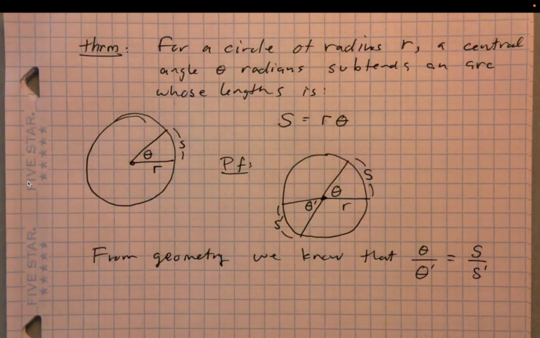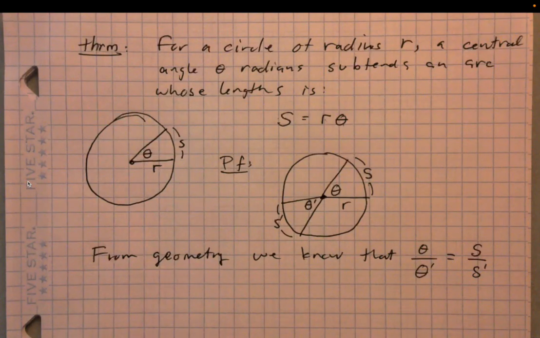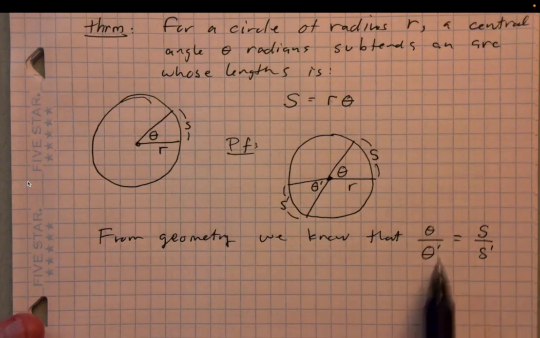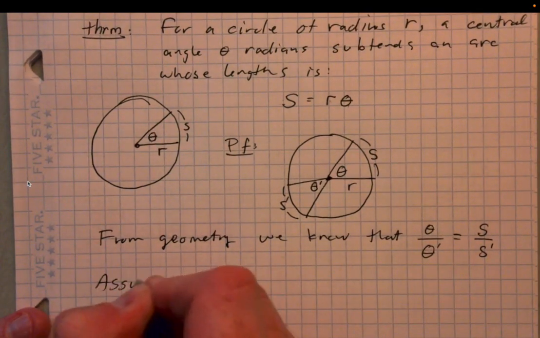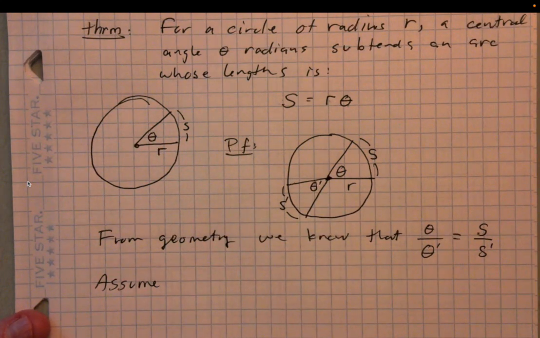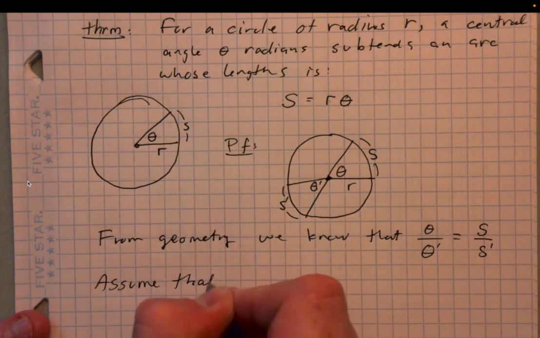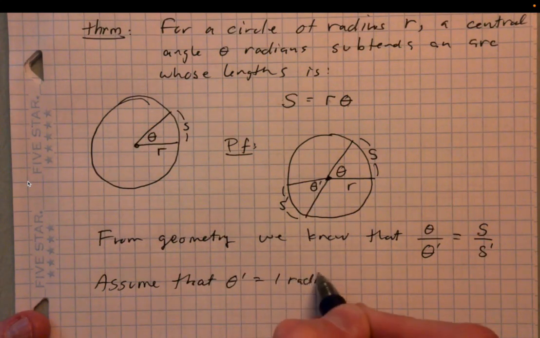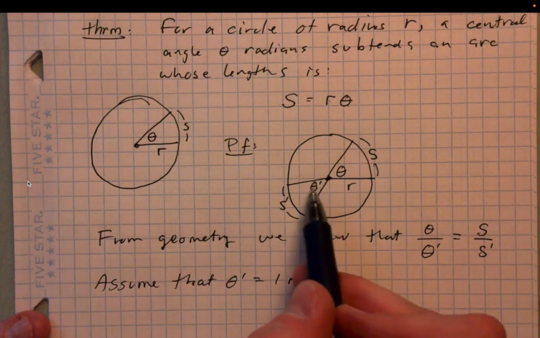So this is a relationship that we know from geometry. Using this relationship, let's set up the proportion this way. We'll assume that theta prime is 1 radian.